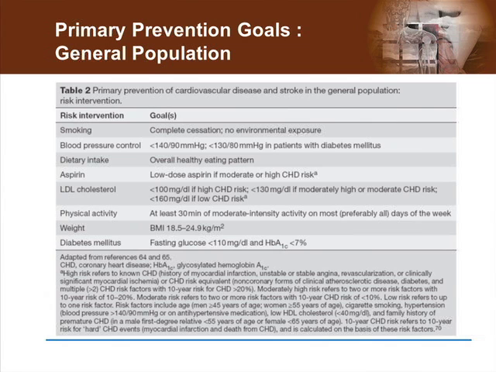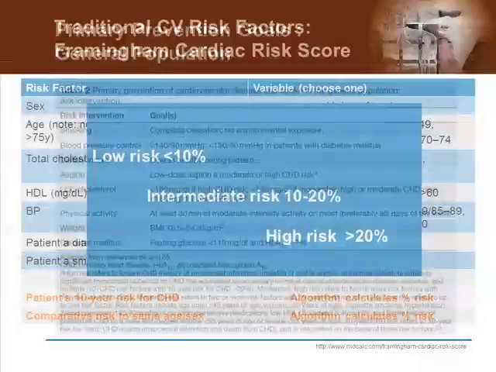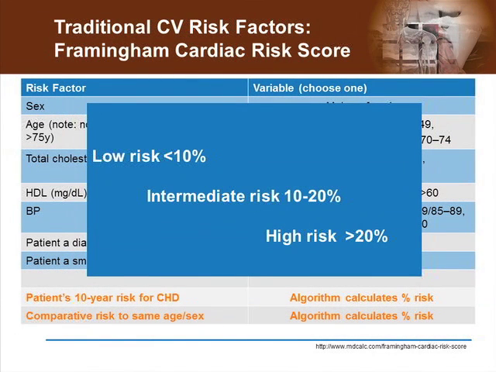The risk stratification in men versus women. As you know, there are many more female patients that get rheumatoid arthritis, and how does that affect our risk stratification? And then more specifically, are there any risk stratifications specifically for the rheumatoid arthritis population? And the answer is that there's probably a combination of traditional, novel, as well as RA itself, inflammatory arthritis risk factors that we would need to take into account.